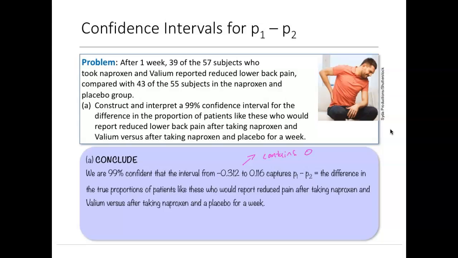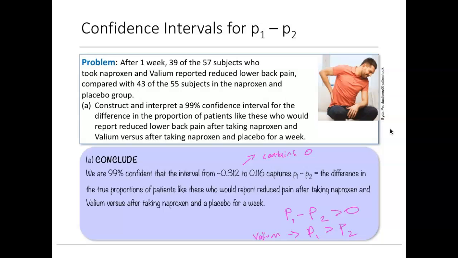It would have to not contain 0, be all positive values, in which case we're saying that the difference P1 minus P2 is greater than 0, or P1 is greater than P2, meaning that the Valium group would be more effective than the placebo group, right? But that's not the case here. 0 is a plausible value.